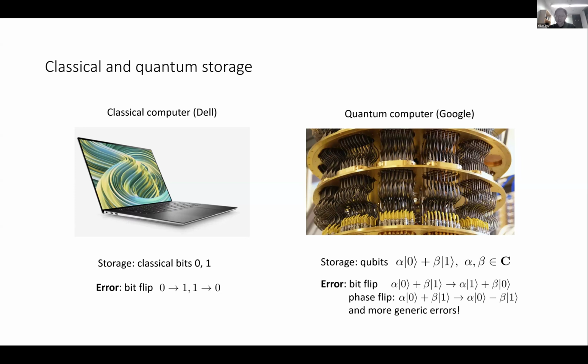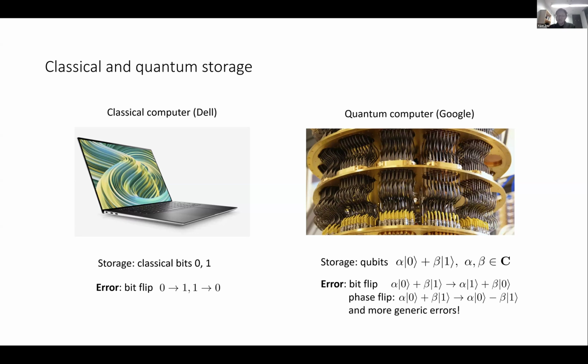But there could also be other types of error, for example, the phase flip. The phase flip says that if you have a 0, you don't change the sign, and if you have a 1, you put a minus sign in front of it. Remember that in a quantum system this sign really matters, because it has an observable effect on interferometry. So this phase flip is really an error.